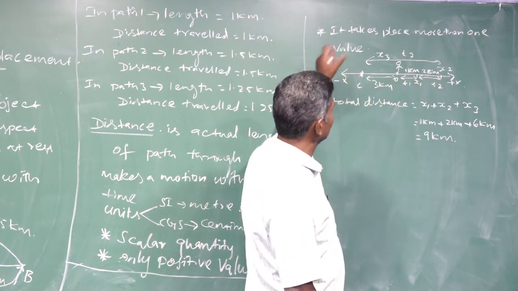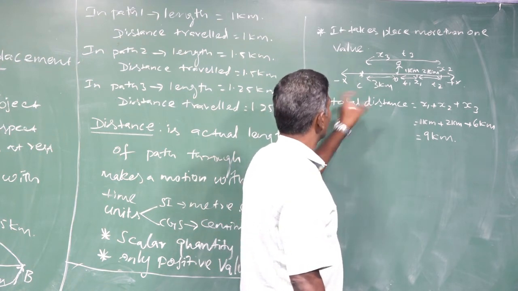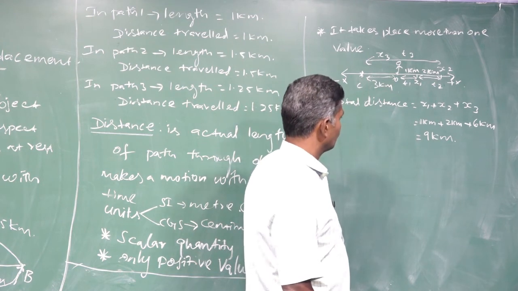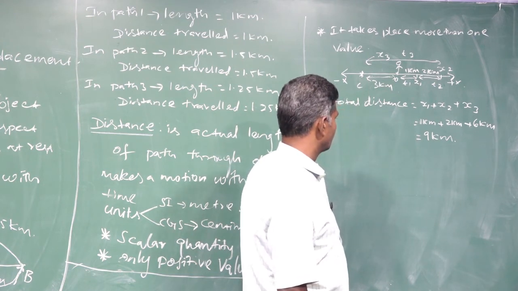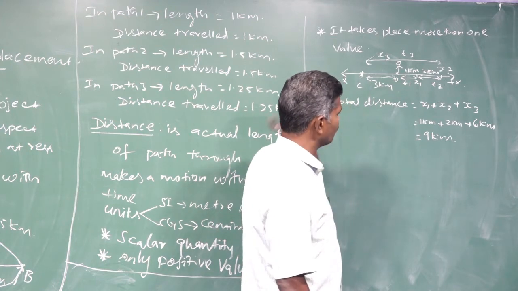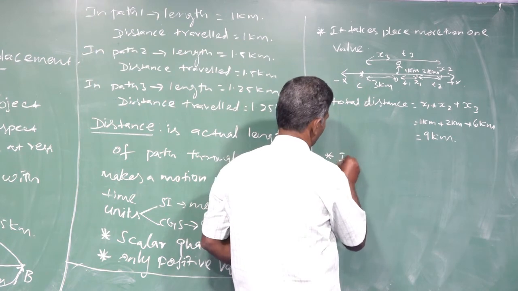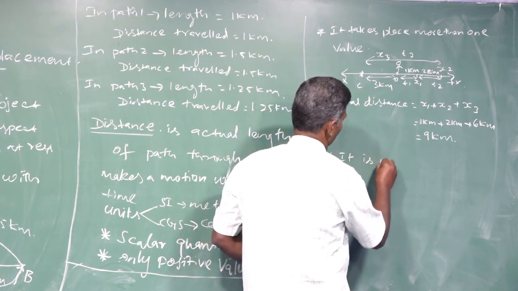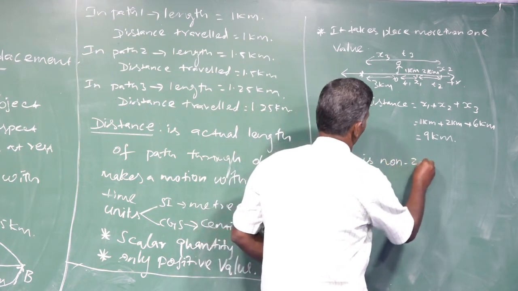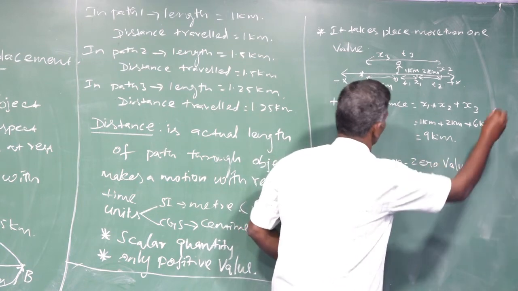That's why we are saying it takes more than one value. That is the example diagram we can take. And if it starts to move, it contains some non-zero value. Distance travelled is a non-zero value.